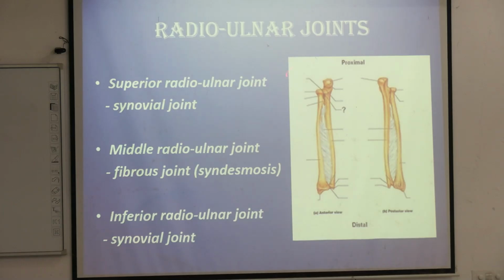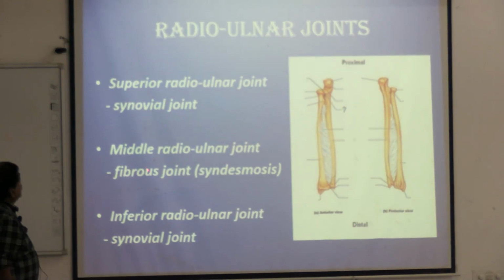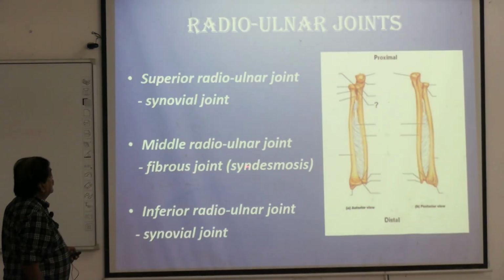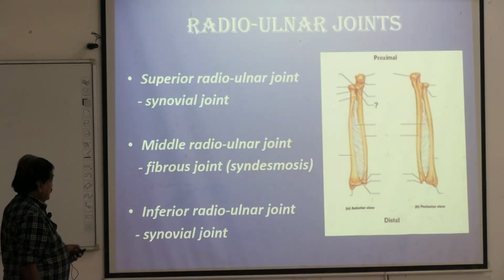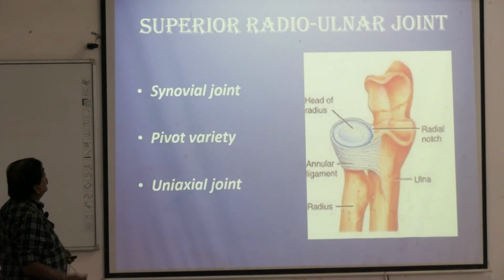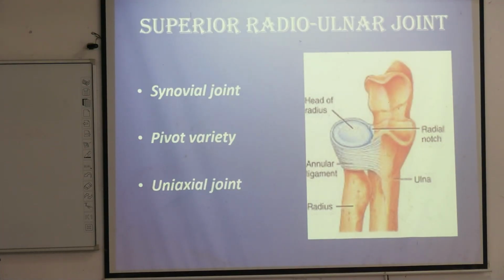And the middle radioulnar joint, this portion, is the fibrous joint, syndesmosis. Now you see superior radioulnar joint, synovial joint, with what variety? Uniaxial. This joint is uniaxial.